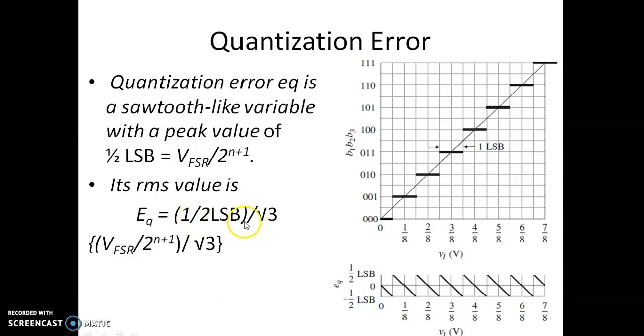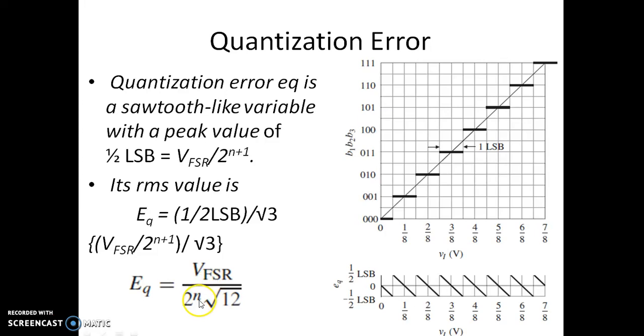So the peak voltage is half LSB, and half LSB divided by root 3 happens to be the RMS value. Half LSB can be written as VFSR divided by 2 power n plus 1, so divided by root 3 gives the RMS value. Upon substituting, EQ, the RMS value of the quantization error, can be written as VFSR divided by 2 power n root of 12.